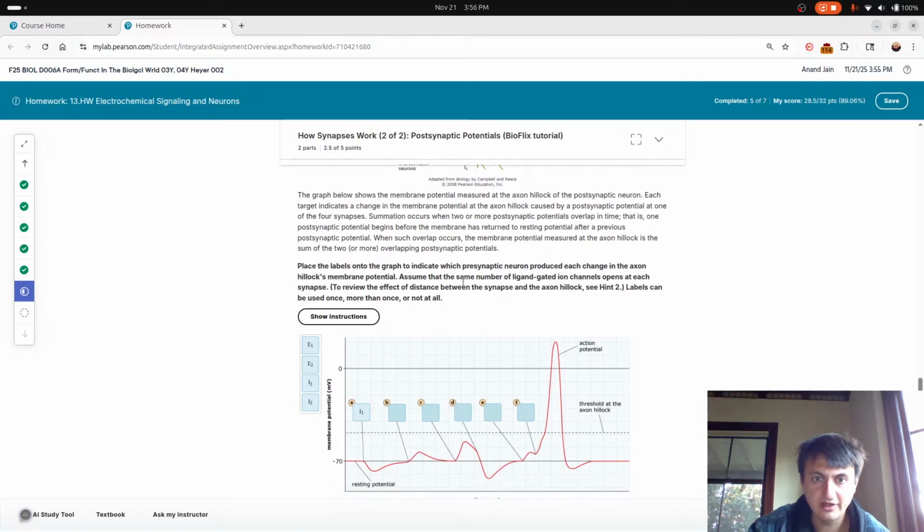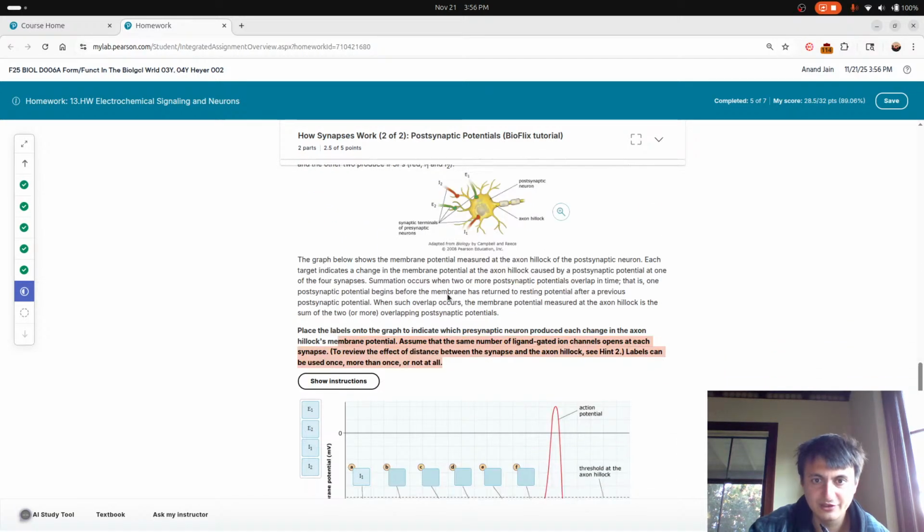Place the labels under the graph to indicate which presynaptic neuron produced each change in the axon hillock's membrane potential. Assume the same number of ligand gates open at each synapse. To review the effect of distance. Oh, really? You gotta look at the distance?